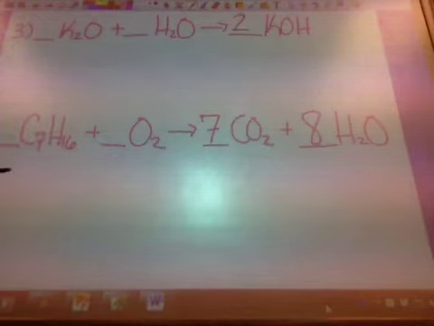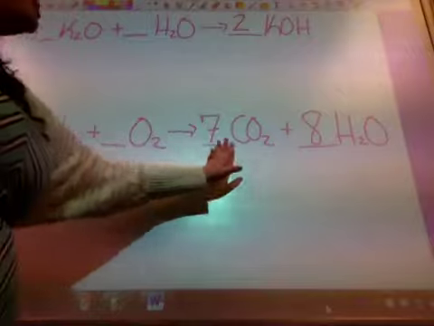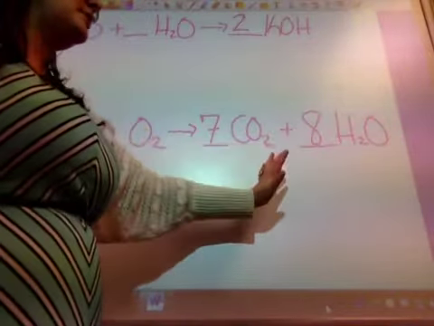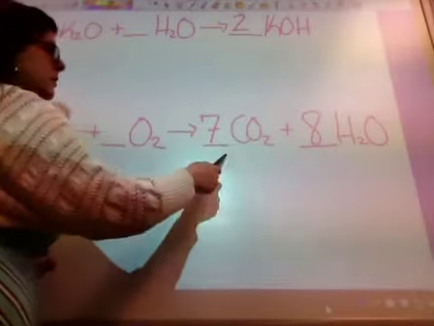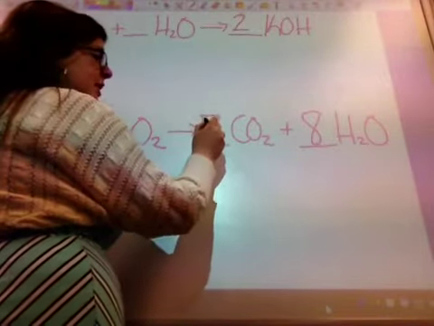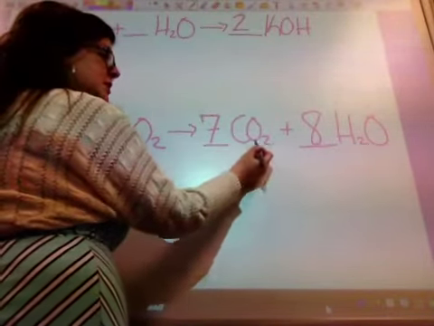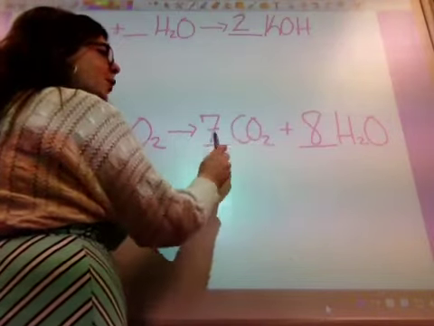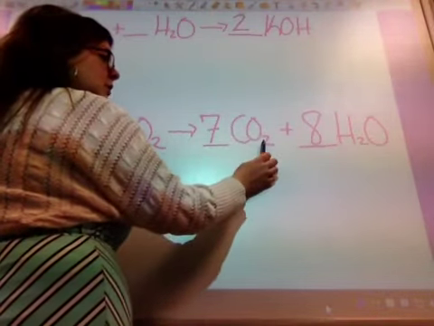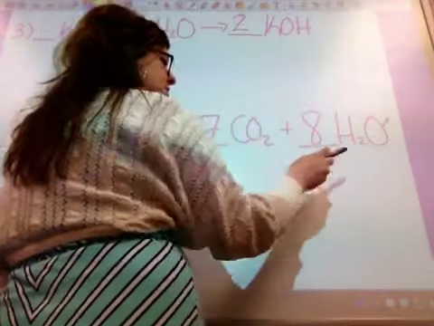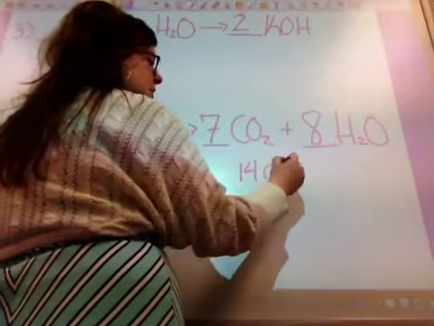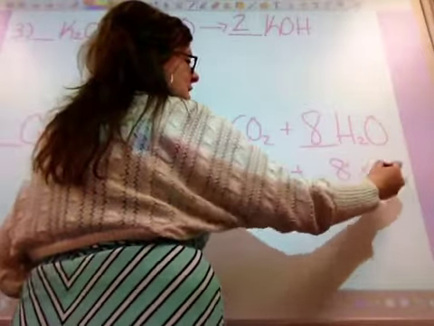Now I need to check my oxygen. Well, I've already balanced everything over here, so I think. So let's check how many oxygen we have total on this side. I have 7 times 2 oxygen here, so 7 times 2 gives me 14 oxygens here, plus another 8 oxygen.